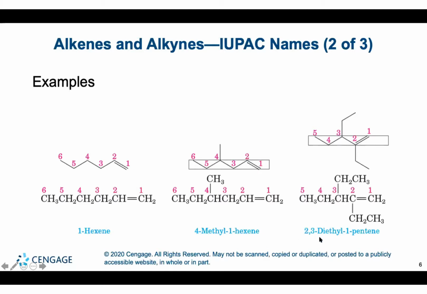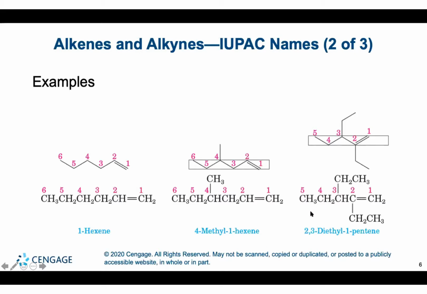So it's going to be 2,3-diethyl, and on carbon 1 the double bond, pentene. 2,3-diethyl-1-pentene. Now if you were choosing the one that we talked about at the beginning, this one that I'm pointing out, I want you to do it and name it. It's going to be the same, guys. I want you to come up with the same naming that we got here.